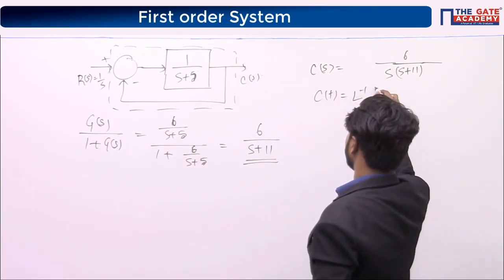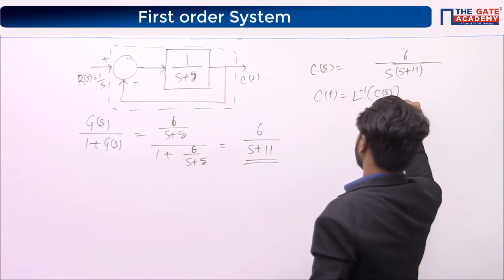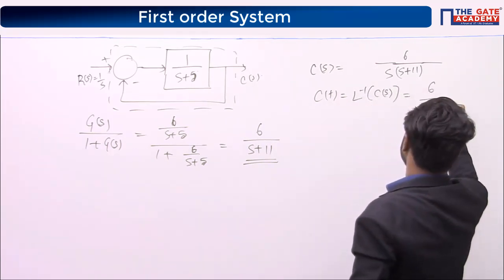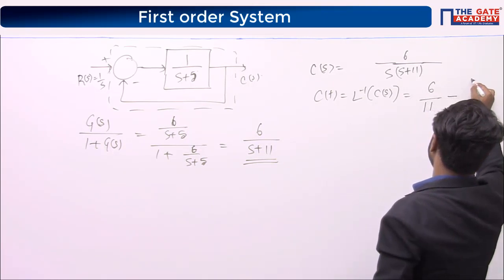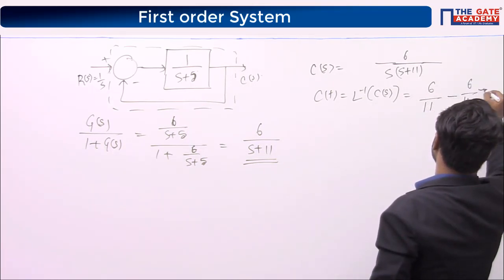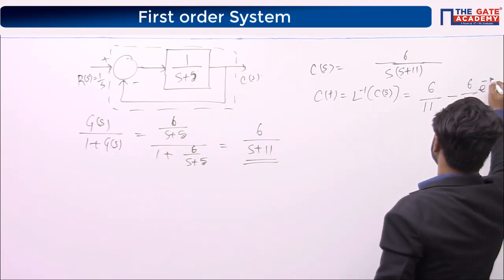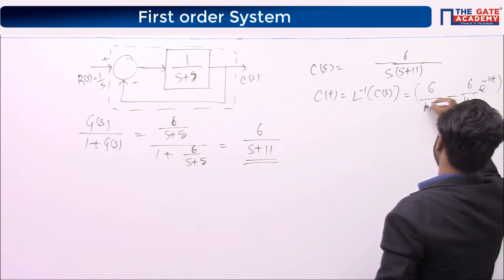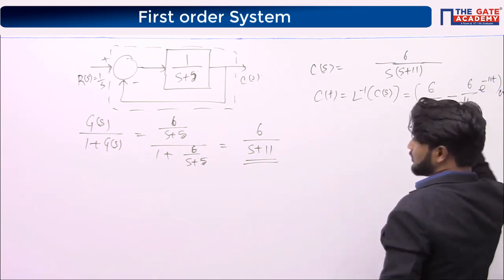If you find the Laplace inverse, you will get 6 by 11 minus 6 by 11 e power minus 11t multiplied by u(t).